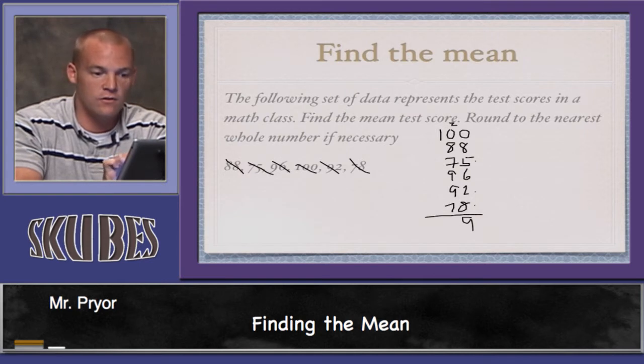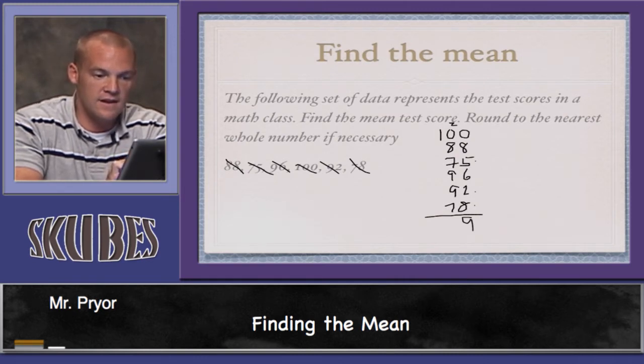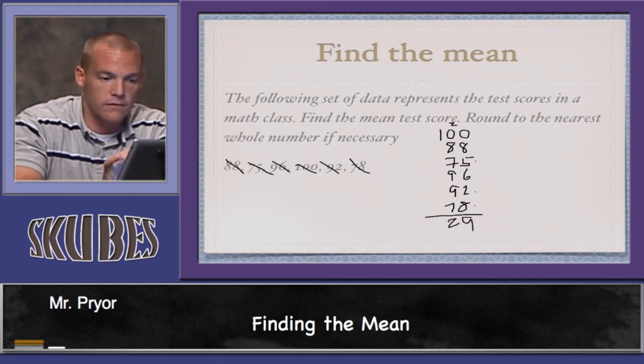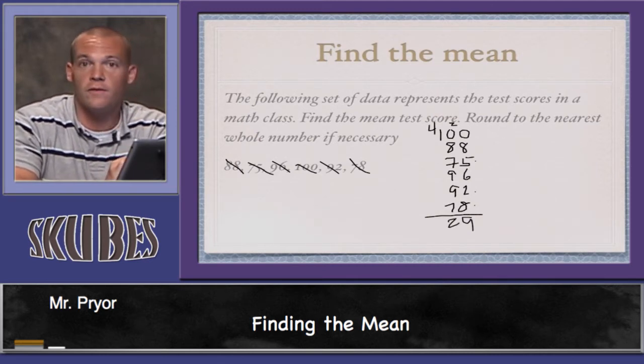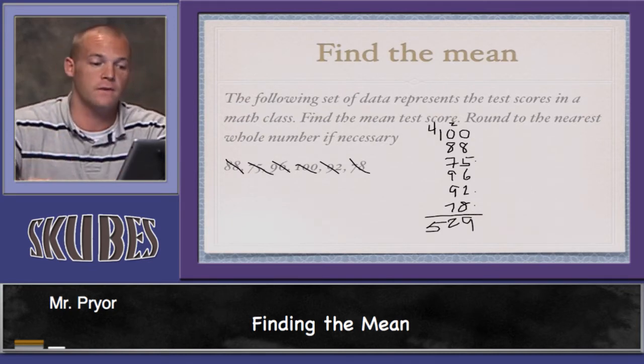When I carry that 2, I can combine it with that 8 to make 10 again. So that's 10, 17. 17 and 9 is 26. 26 and 9 is 35. And 35 and 7 is 42. So carry the 4, and 4 plus 1 is 5. So 529 is the value that we're dealing with.